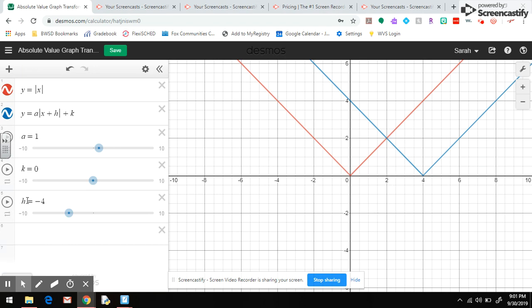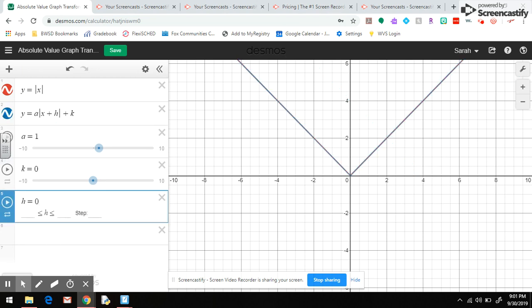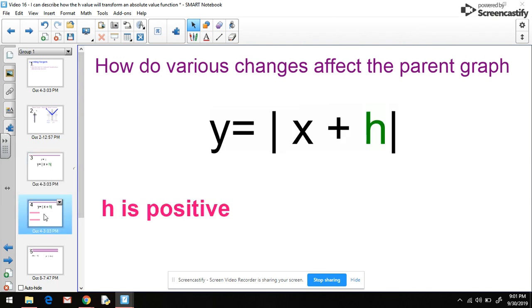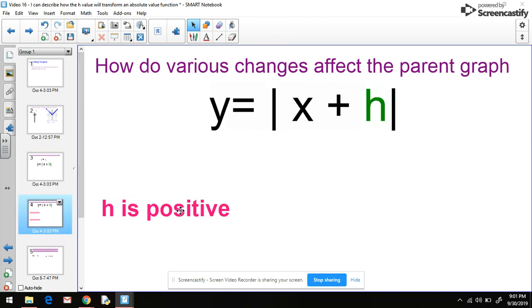So what I'm noticing here is h is a horizontal movement, but it's the opposite of what I expect. If h is positive, it's moving in the negative x direction, and if h is negative, it's moving in the positive direction. So here, we're going to go back and we're going to summarize our thoughts in our notes here.